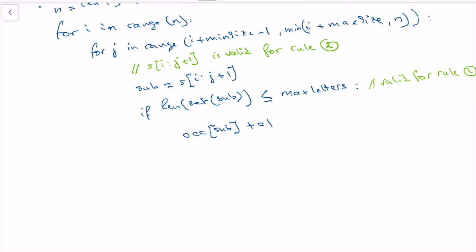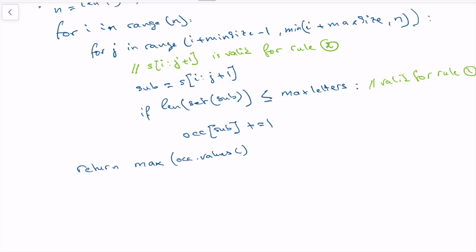And now at the end, to get the maximum occurrence valid substring, we can just return the max of these occurrences values, because the values are the number of occurrences, and that's what we are interested in.